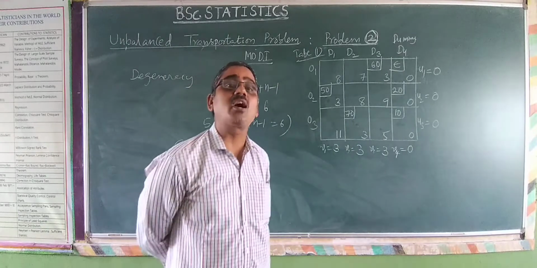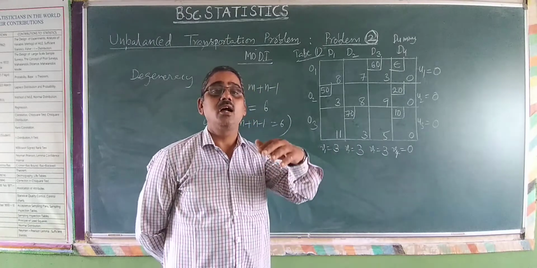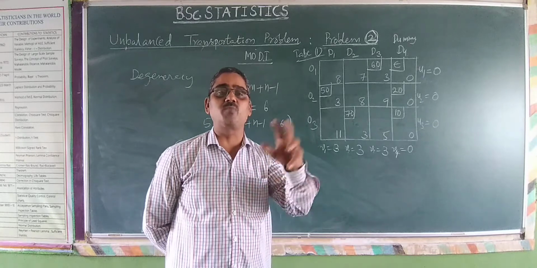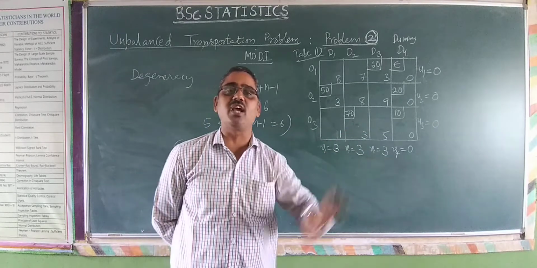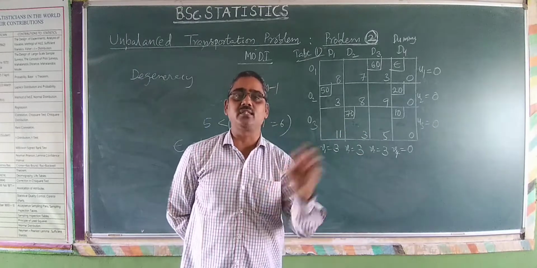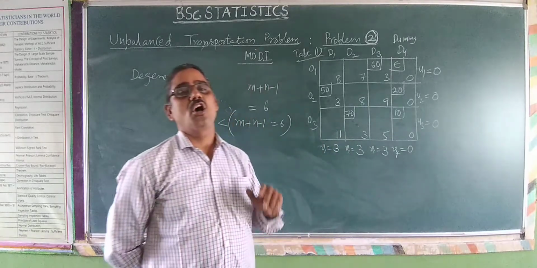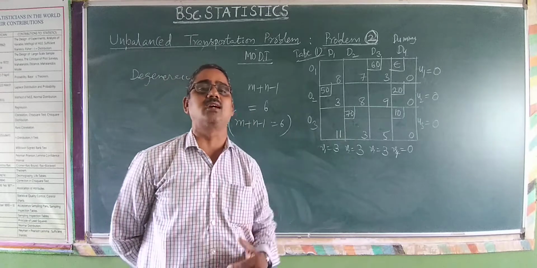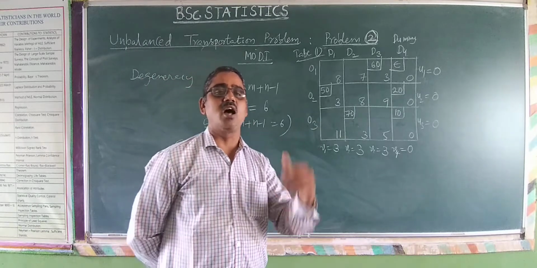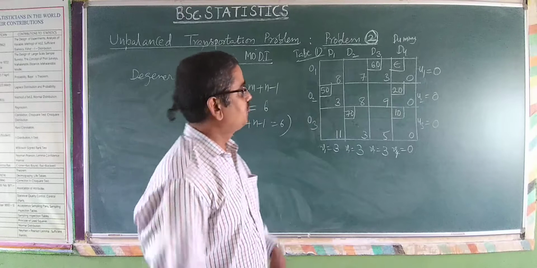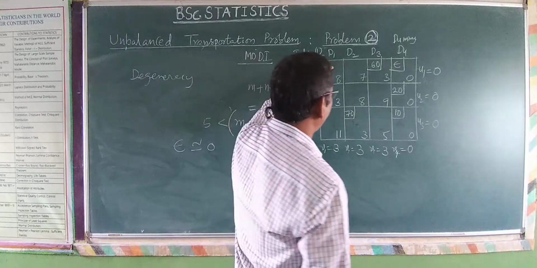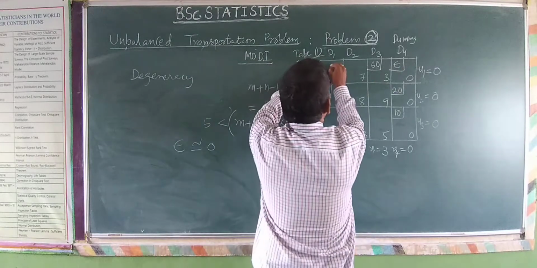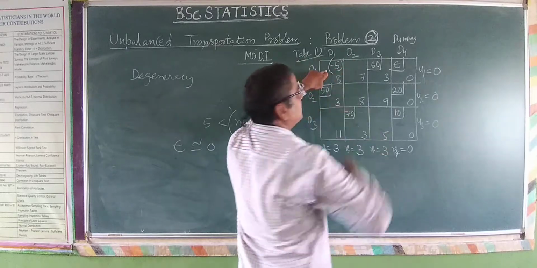So now, after calculating all UiVj values by using the formula Ui plus Vj is equal to Cij through the basic cells, next we have to calculate net evaluations Zij minus Cij for all non-basic cells. Zij minus Cij formula is Ui plus Vj minus Cij. So consider non-basic cells. This is one non-basic cell, 3 plus 0, minus 8, minus 5, and write within the parentheses.